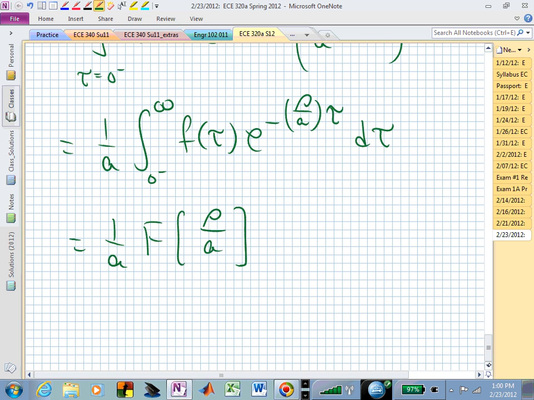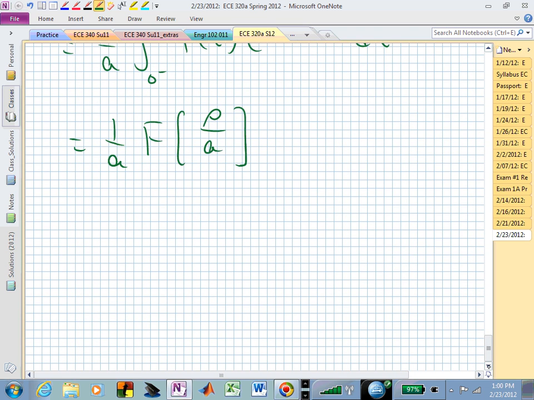The thing to keep in mind on this particular transform is to remember how t and s are related. They're reciprocally related, aren't they?